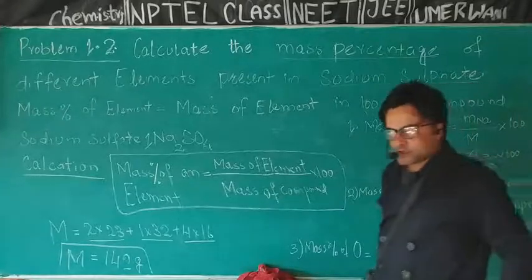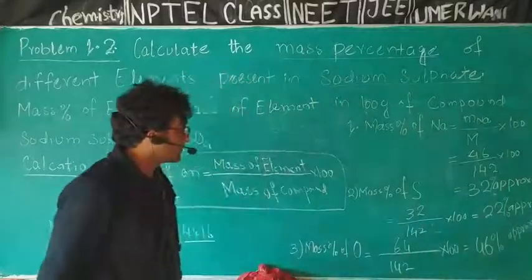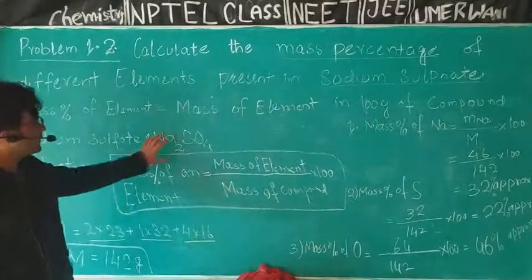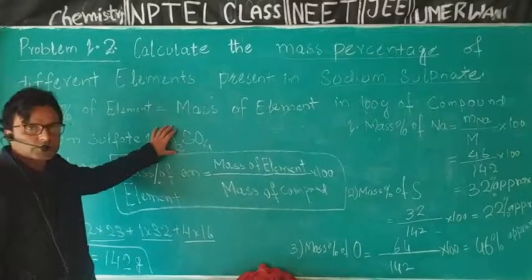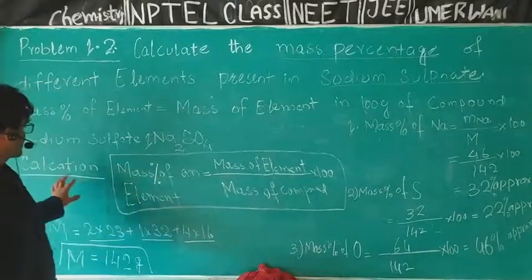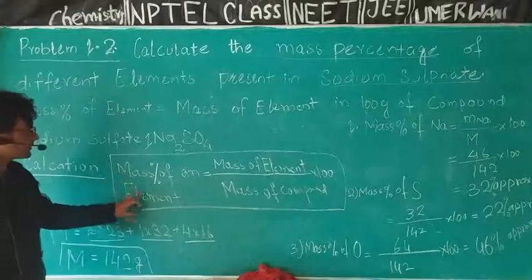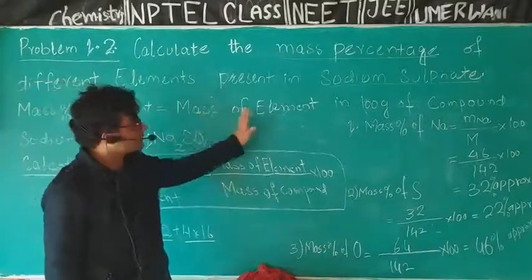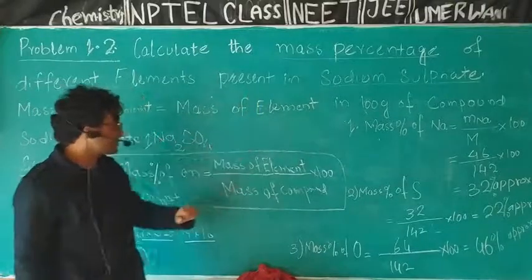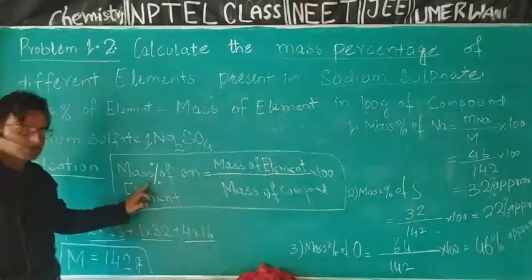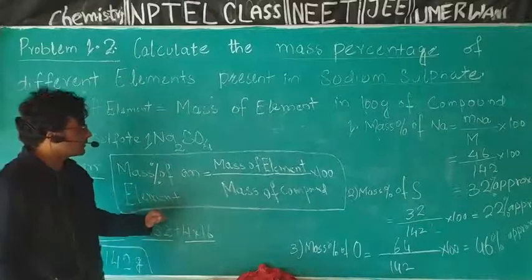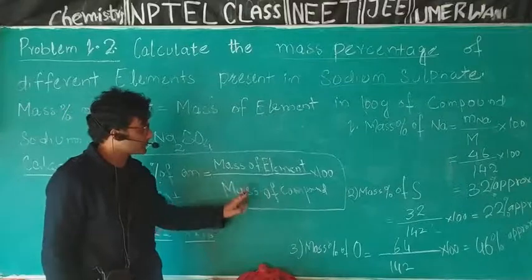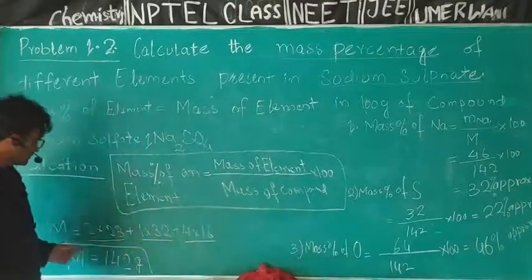Now, what knowledge did you gain? The knowledge that I added in your mind is that the composition of sodium sulfate is Na2SO4. Mass percentage of an element in a compound is the mass of element present in 100 grams of compound, and it is calculated by this formula: the ratio of mass of that element in the compound to the total mass of compound, multiplied by 100.